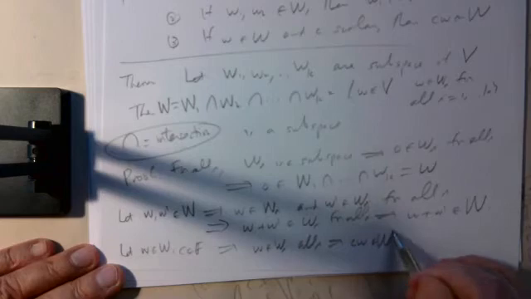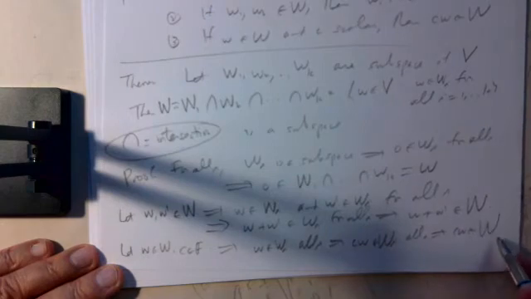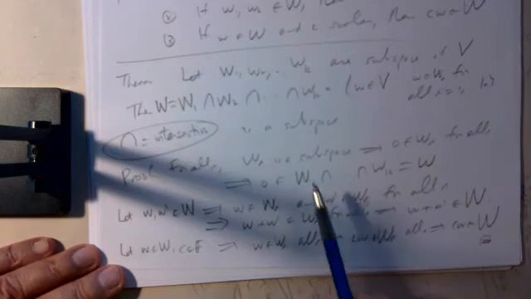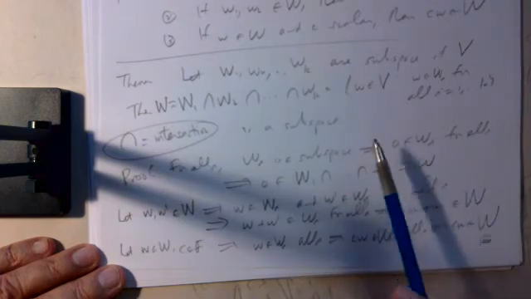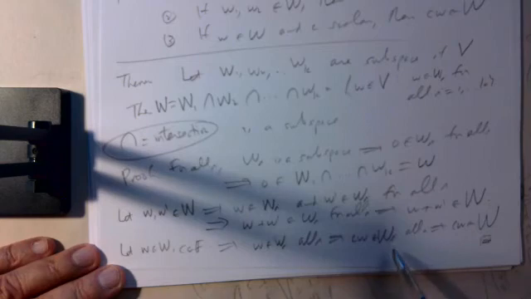So CW is in W sub i for all i, which means CW is in the intersection, capital W. So I just proved that if you have subspaces, their intersection contains 0, is closed under vector addition, and is closed under scalar multiplication. Therefore, it's a subspace.